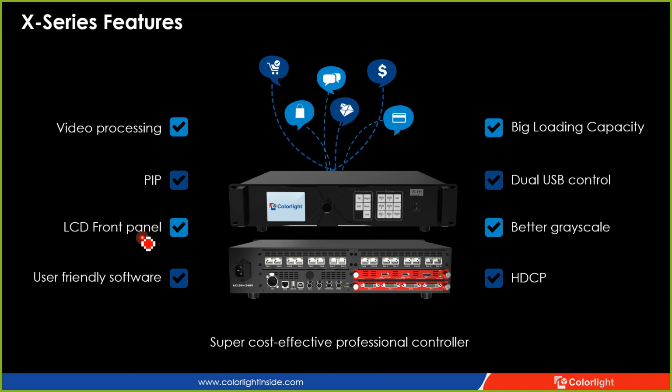The LCD front panel with the knob changes the settings easily without a PC, and there is user-friendly software, the iSet. And on X16, it has a very big loading capacity. Each of our X series processors supports dual USB control, and we provide HDCP and better grayscale. And considering the price, it is very cost-effective.